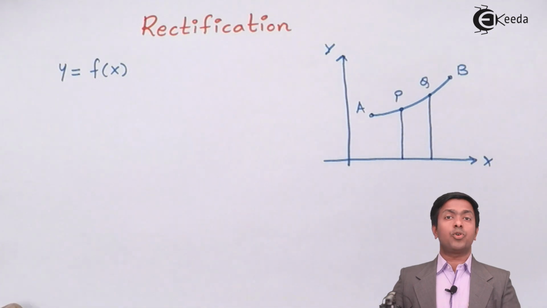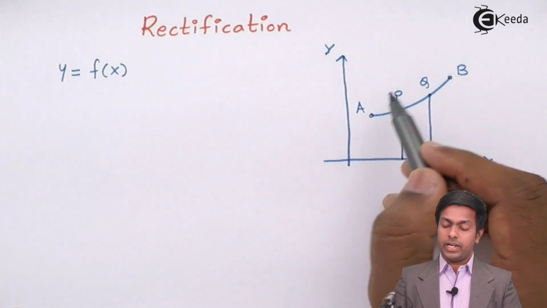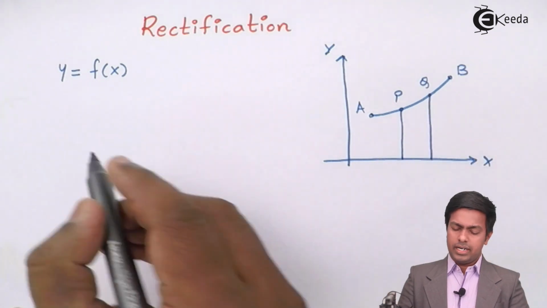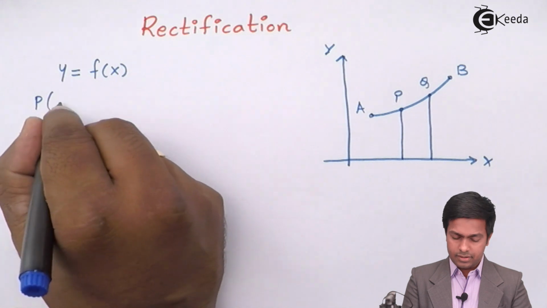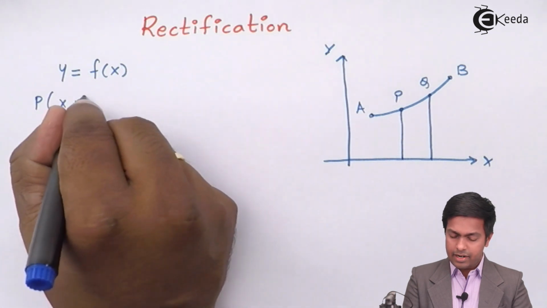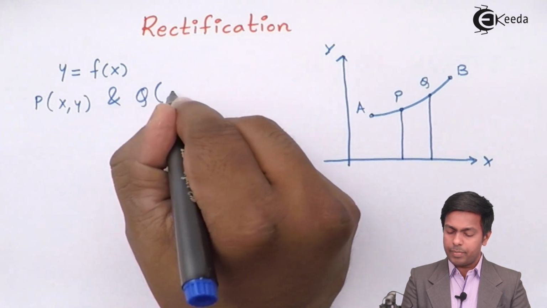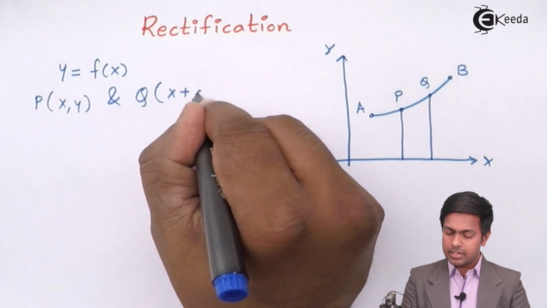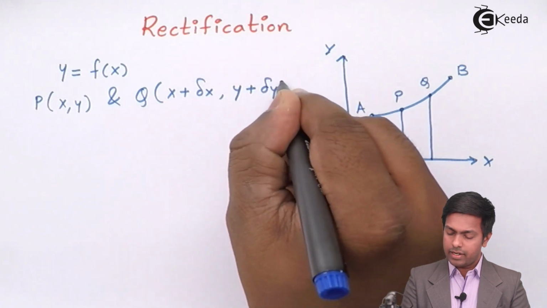So let's assume 2 points, one is P and one is Q, between A and B. So let's say that the coordinates of P being x and y, and the coordinates of Q being x plus del x and y plus del y.